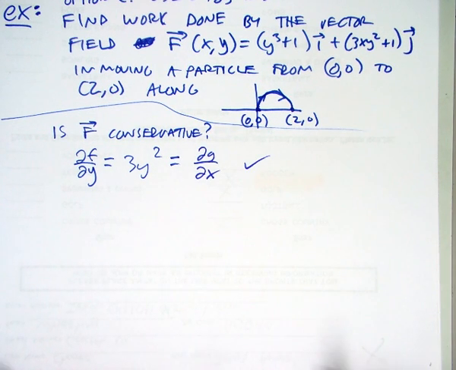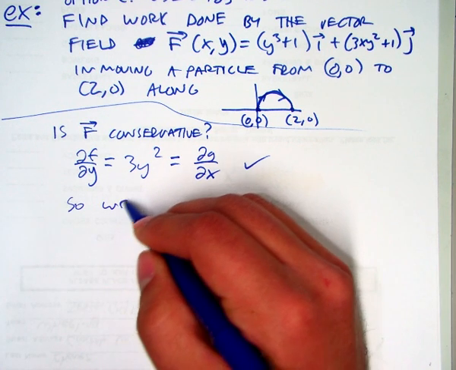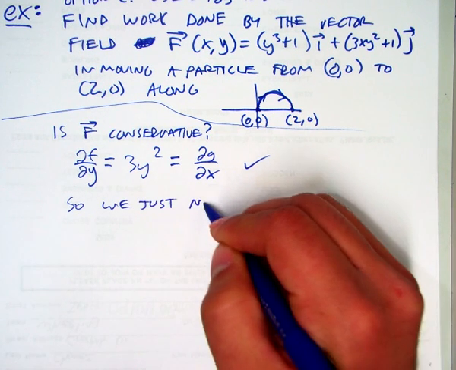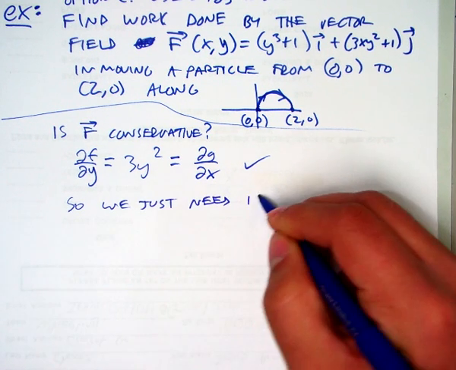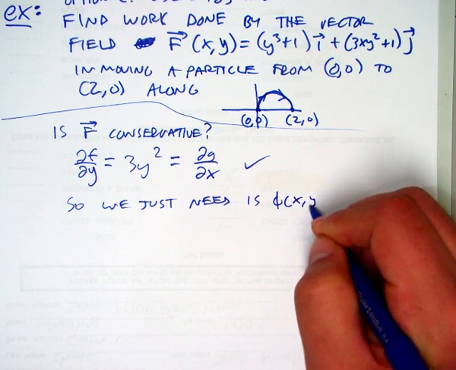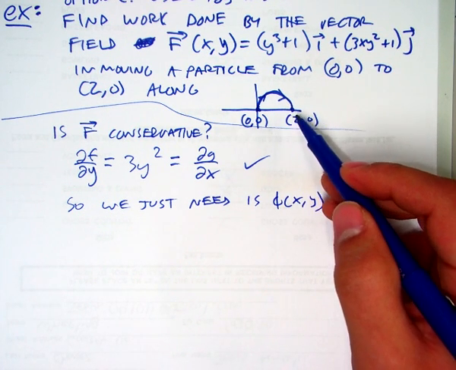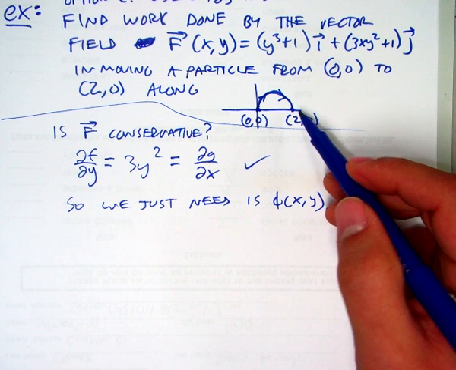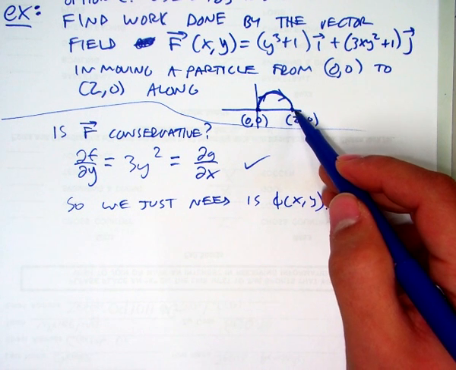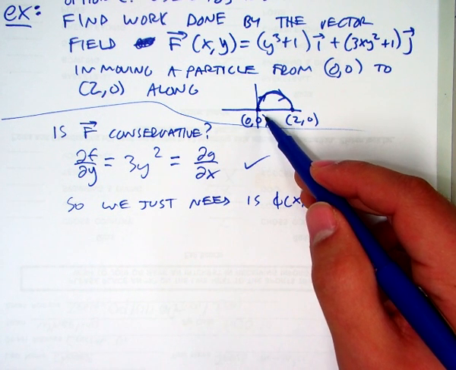So then all we need is the potential function. I don't care what path this is. If I know the potential function, then I just plug in the endpoint (2, 0), the starting point (0, 0), and subtract. We're done.